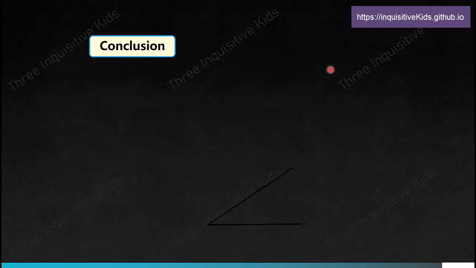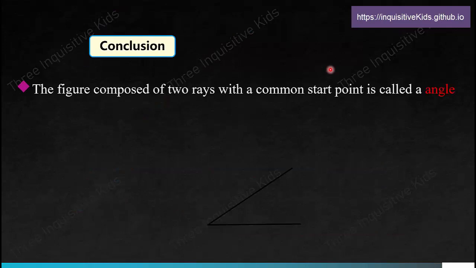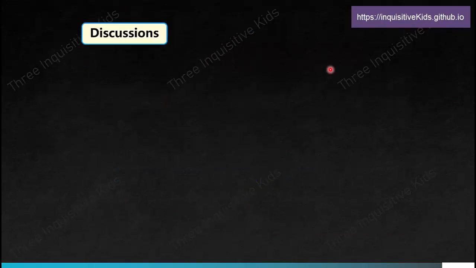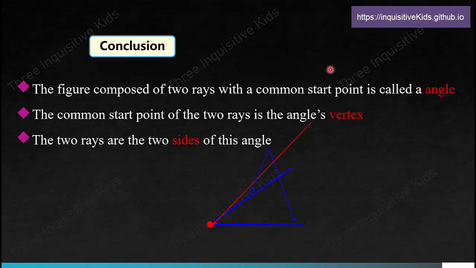All done answering these questions? Okay, let's move on. Here's the conclusion. The figure composed of 2 rays. Remember, this is the definition of the angle. An angle is a figure composed of 2 rays with a common start point.